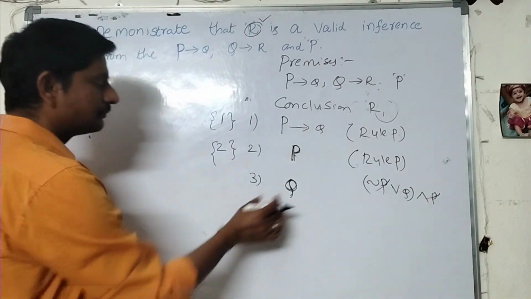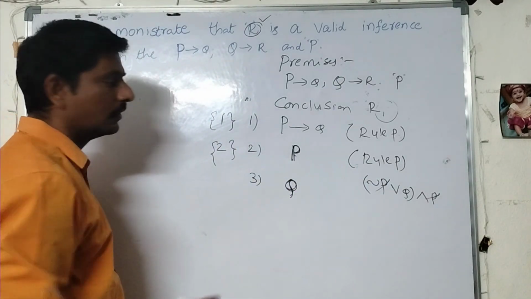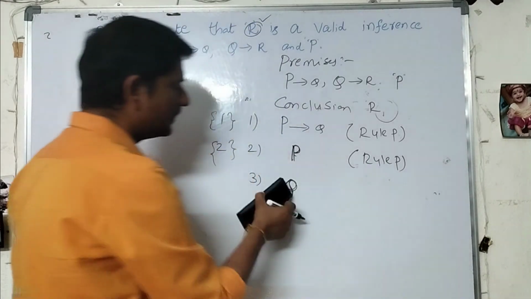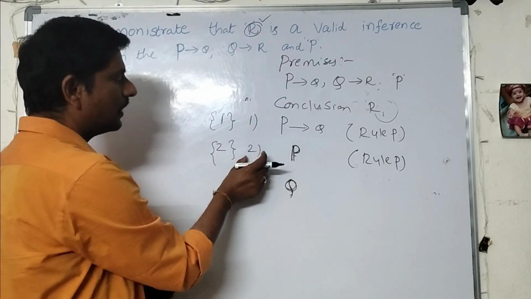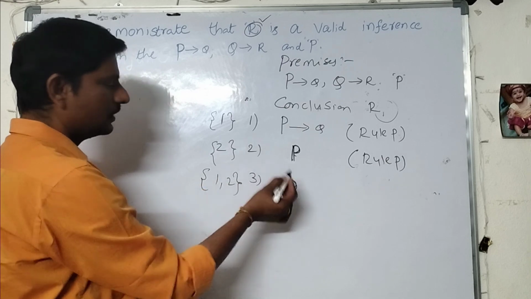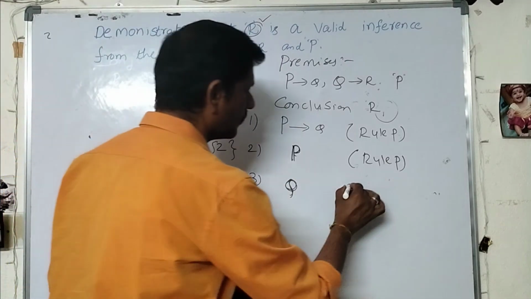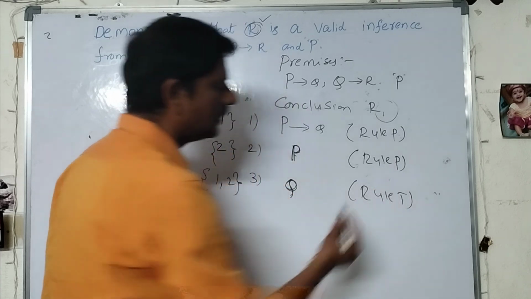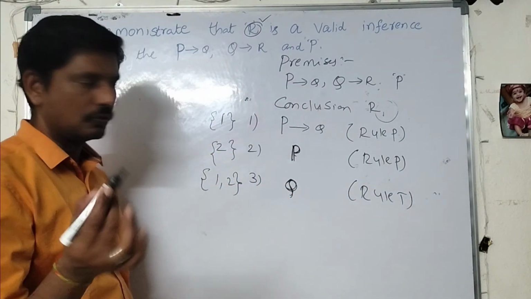Clear? So we got Q. This is the formula we generated. Using 1 and 2 we got a formula. So we use rule T. This is rule T. Clear?